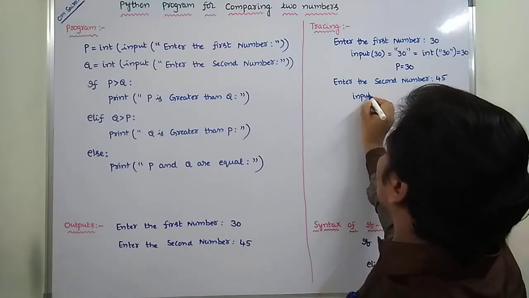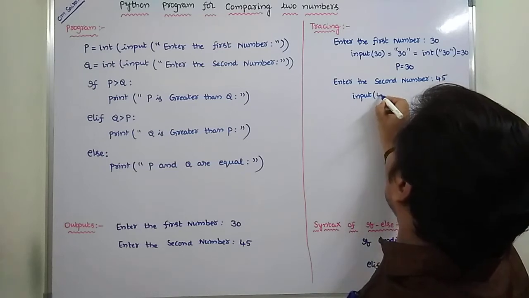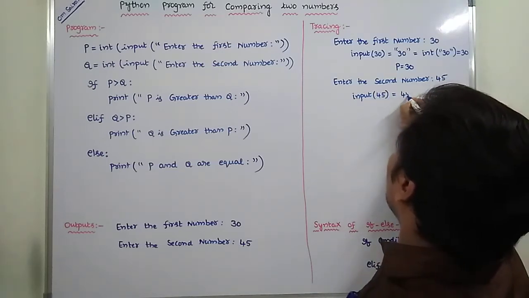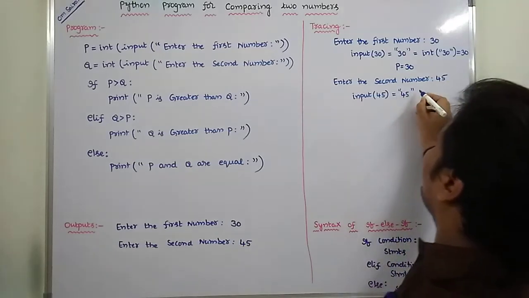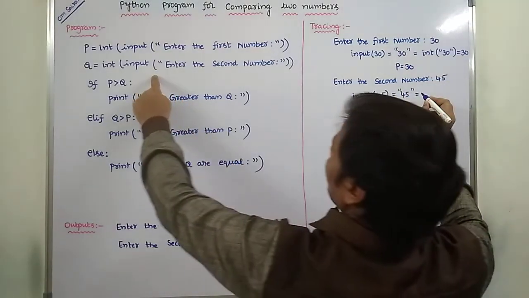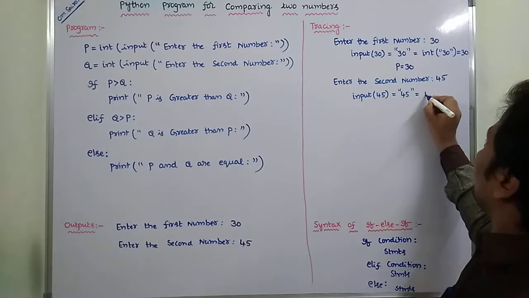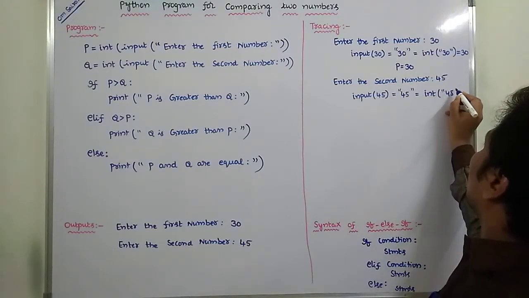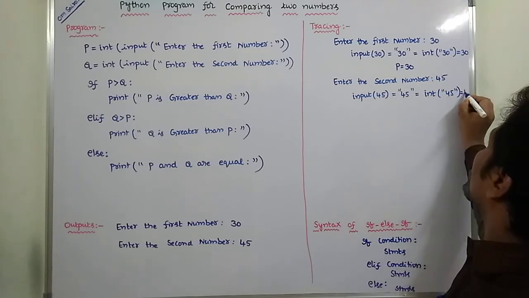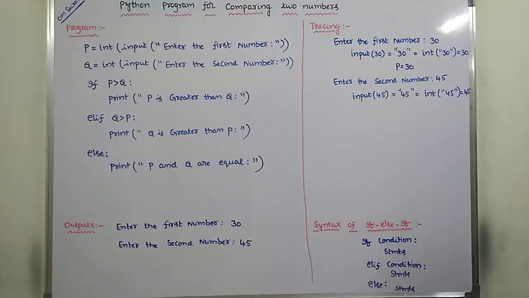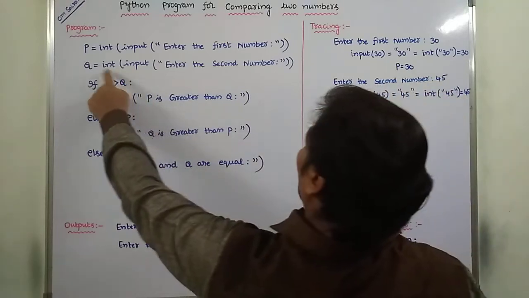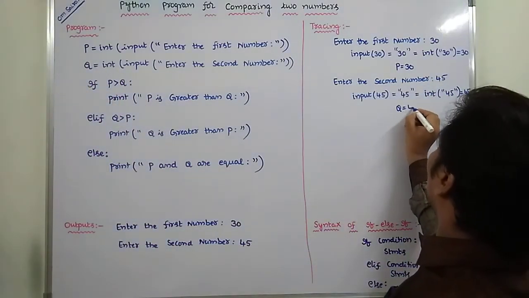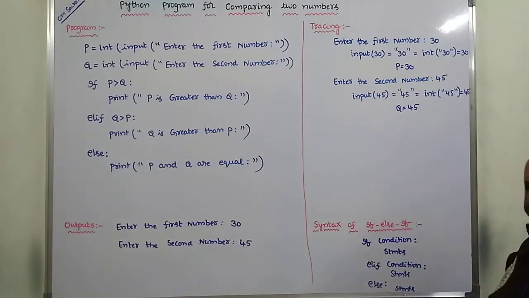This input function reads the value that is entered by the user from the keyboard, and returns the string of 45. This string of 45 is taken by the typecasting function int. This int of string 45 returns the integer 45. This integer 45 is assigned to q, so that q value is 45.